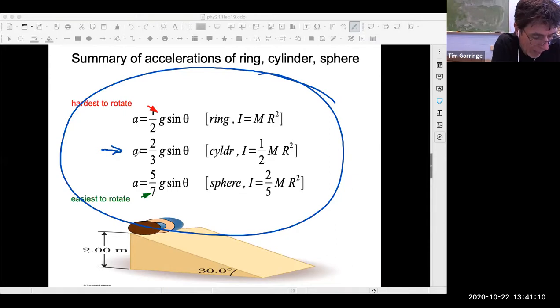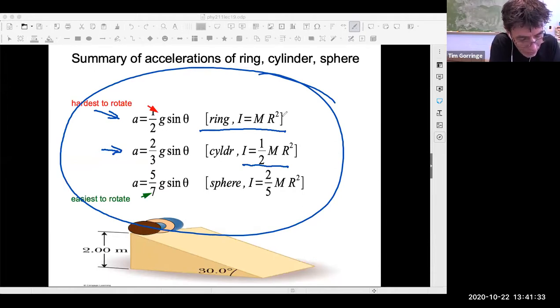That's the one that we actually computed ourselves, where we used this moment of inertia, 1/2 mr squared. If you did the sphere, you get this equation here, and you'd be using this. Sorry, if you did the ring, sorry, this top one's the ring. If you did the ring, you get this equation here, and you'd be using this moment of inertia.